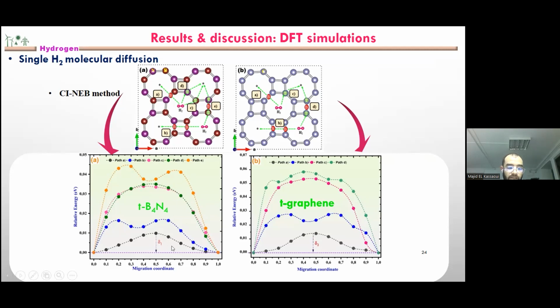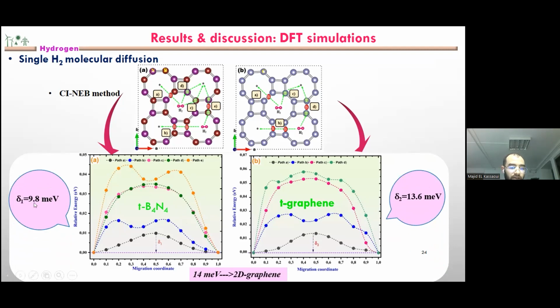The minimum diffusion barriers are 9.80 millielectron volt and 13.6 millielectron volt. These values are low compared with the value of 14 in graphene.